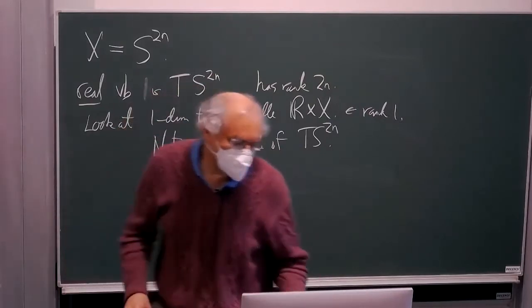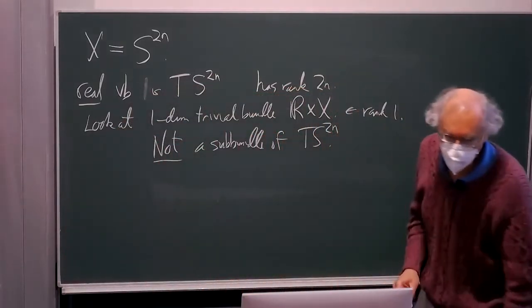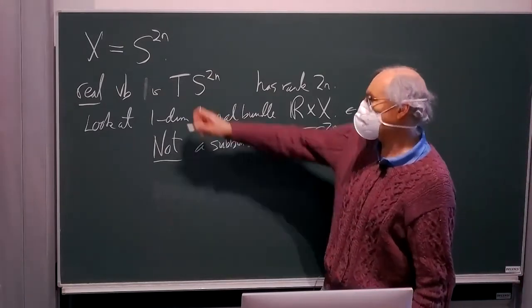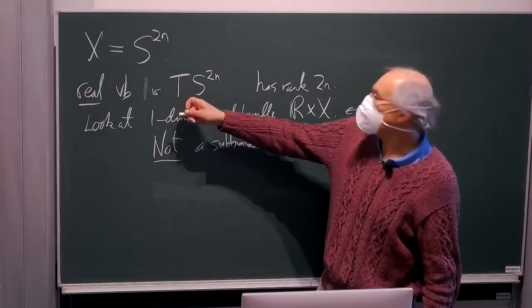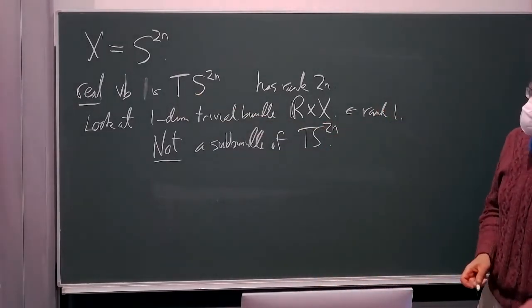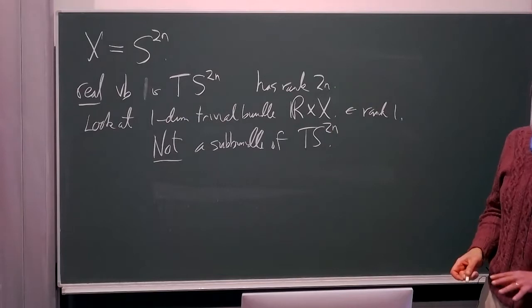Why not? Well, suppose it were, then you would have a never vanishing vector field on S^2n. And it's a standard theorem in differential geometry that there's no such thing.